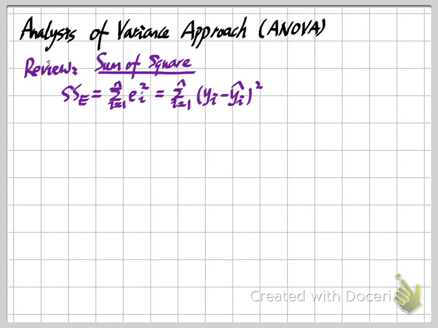Since the error means the difference between the true value in our data set of y and the estimator of y, this is also equal to the sum of the squares of the difference between y and y hat. So this is our SSE.